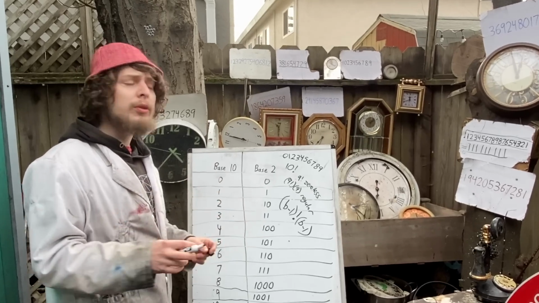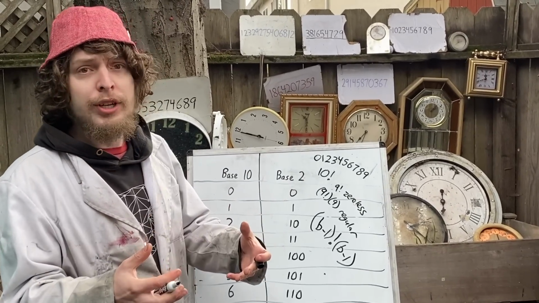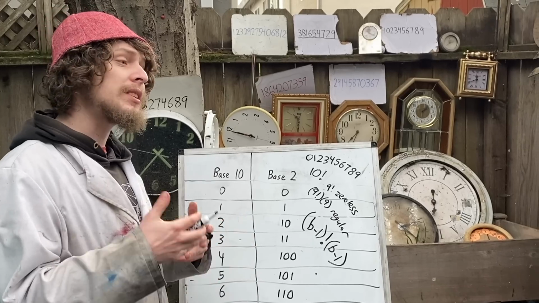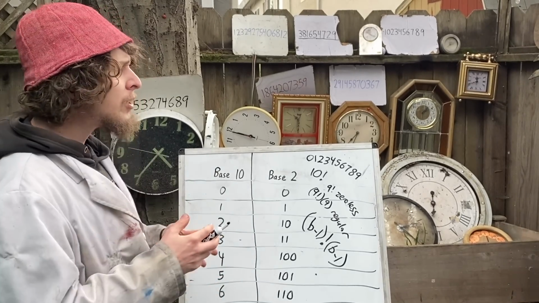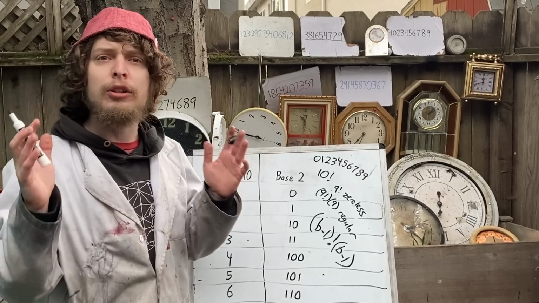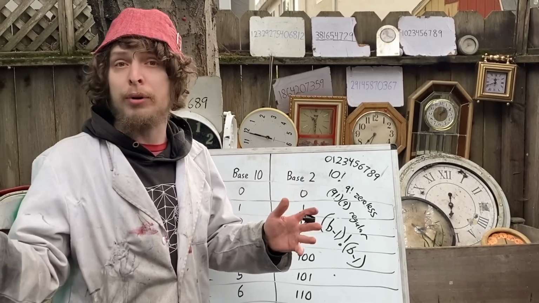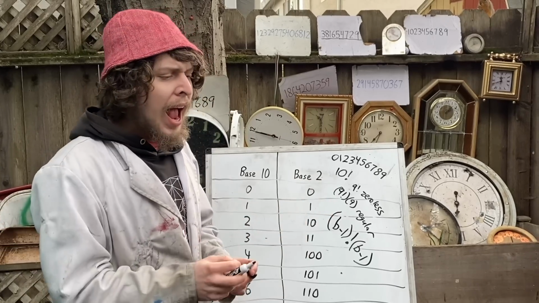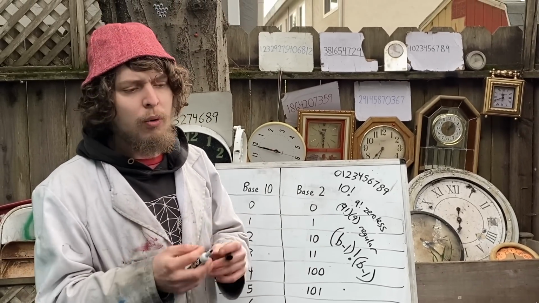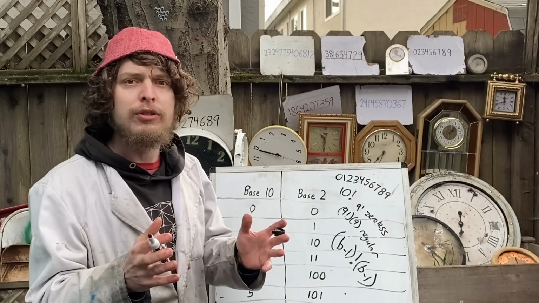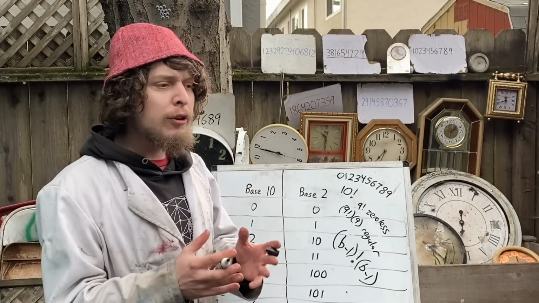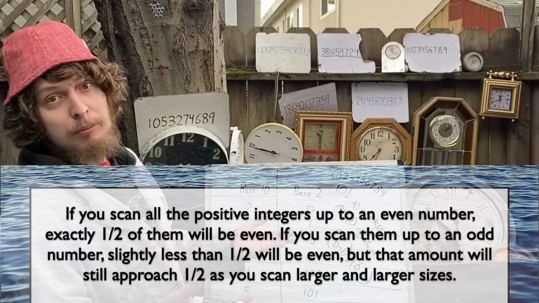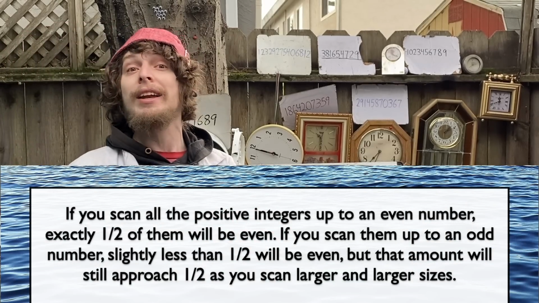Well, one way you can try and compare proportions of infinite types of whole number is something called natural density. That's where you look at larger and larger stretches of the number line, scanning all of the whole numbers up to there, and seeing what proportion or percent of them fulfill some particular property. For example, if we wondered the natural density of the even numbers, well, that would be 1/2.